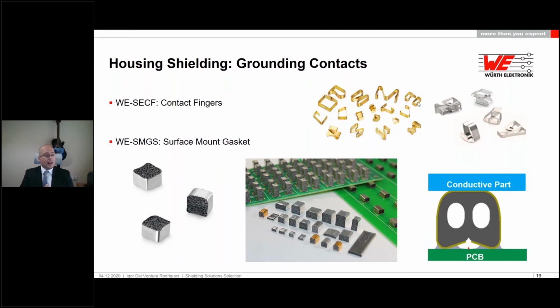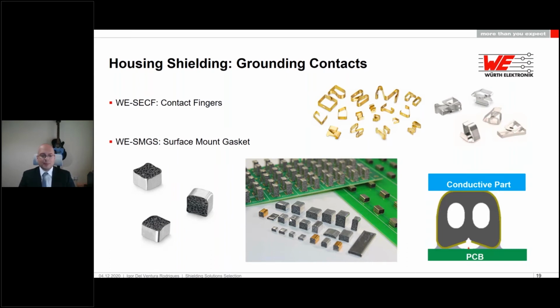Okay. Also, we've introduced more recently SMGS, which stands for Surface Mount Gasket Shielding. So SMGS, you can see here on the bottom of the screen, we have it in different materials and different sizes and shapes, and it is an SMT part as well as SECF.